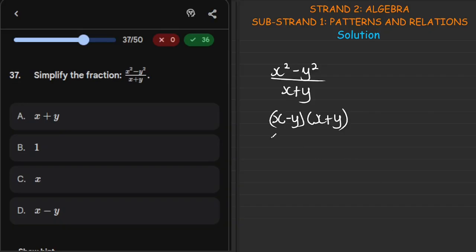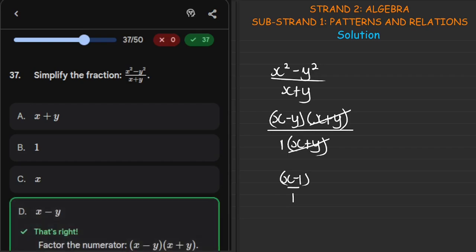And we said we have all over the x plus y. Now we can always cancel when they are products. So this denominator is actually multiplying 1. And hence we can cancel this whole bracket by this whole bracket. And we'll be left with x minus y all over 1. And that is our d we have over here.